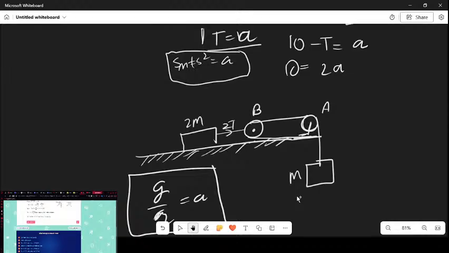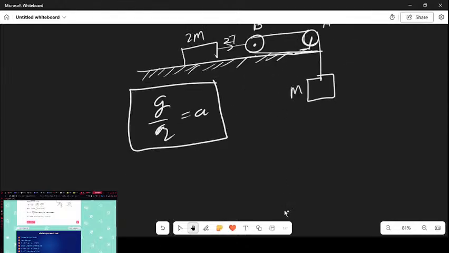Now for the m, we have mg minus ma by 2, that is 3ma by 2. The m gets cancelled, and it comes out to be 2g by 3, which is the acceleration. And we can find the force exerted by the clamp on the pulley.